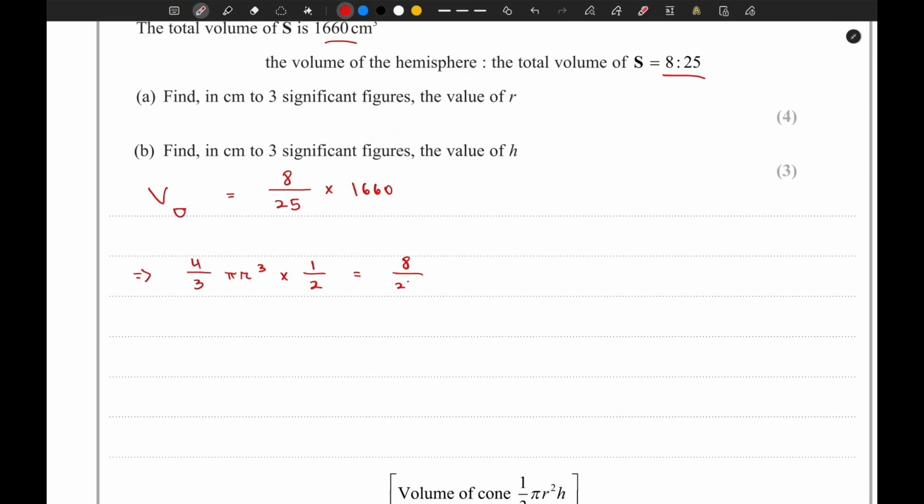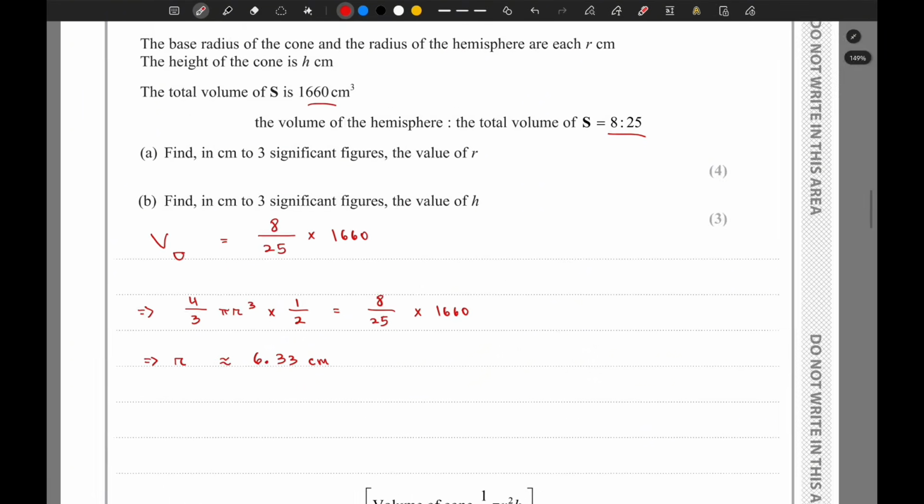So that's 8 over 25 times 1660. From this we can calculate the value of r. So the value of r is 6.33 centimeters.